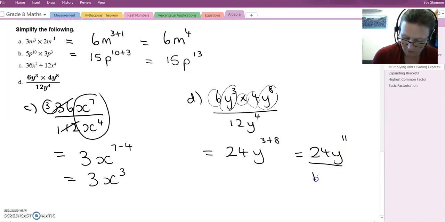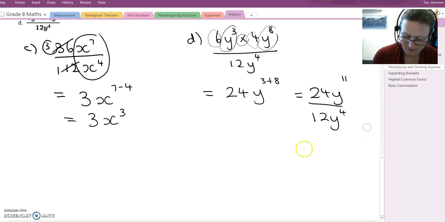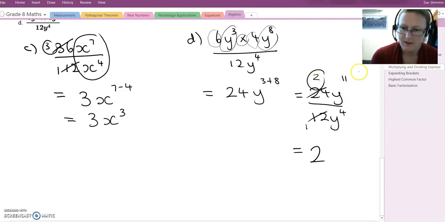Then we've got our bottom, 12y to the 4. Let's look at the big numbers. 12 goes into itself once and it goes into 24 2 times. So we've got our 2. Now let's look at our y's. They've both got base y and it's a divide.